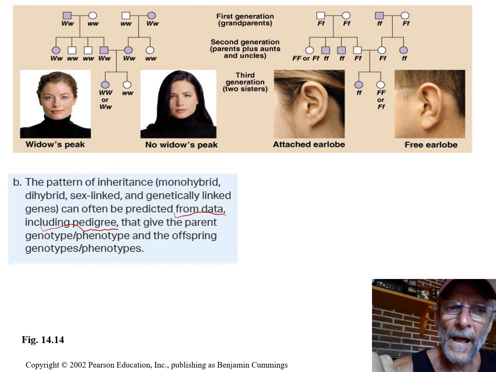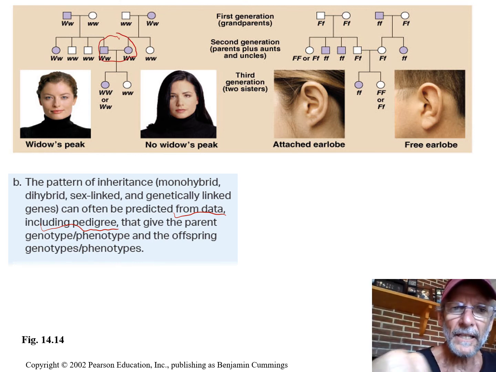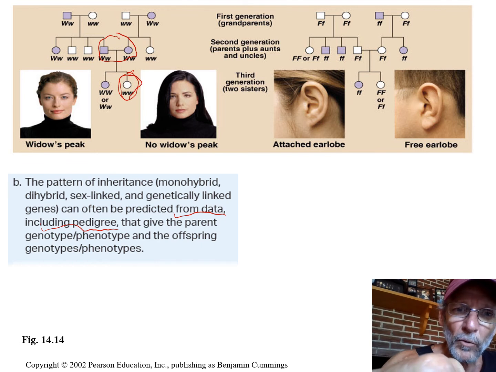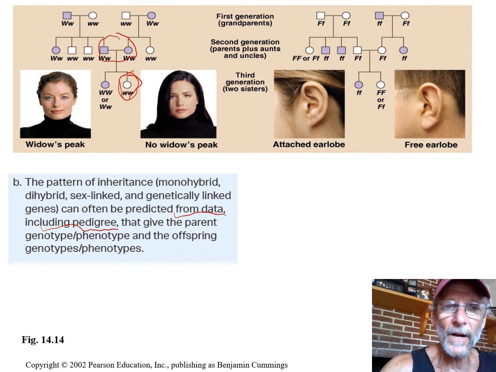To remember the pattern you look for to answer that question, is the trait dominant or recessive? You look for two parents that have the same trait, in this case, the colored in one. If they have even one kid that has a different trait than they do, then that kid must have the recessive trait, because two recessive parents could never have a dominant kid. It couldn't be the other way around. So that's the trait you always look at.